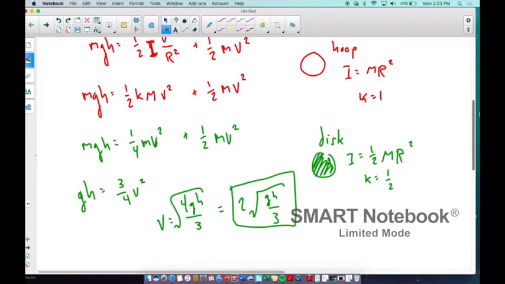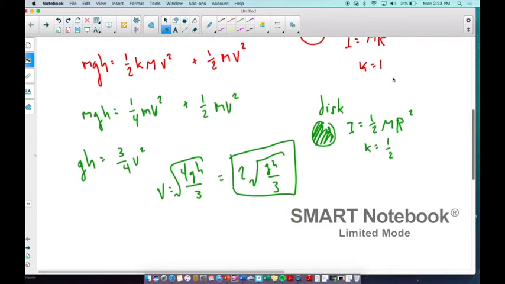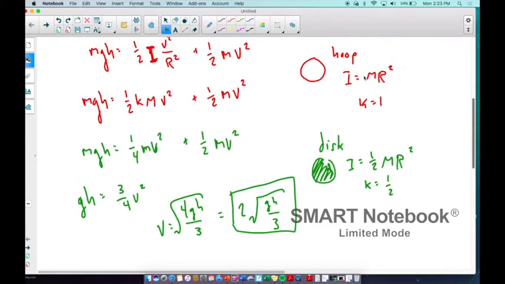Now, it may be illustrative to actually work out and solve for what the final velocity of the hoop must be. So again, for a hoop, the K value, where K is what I'm calling the fraction that ends up in front of the mr squared of the rotational inertia term, is just 1.